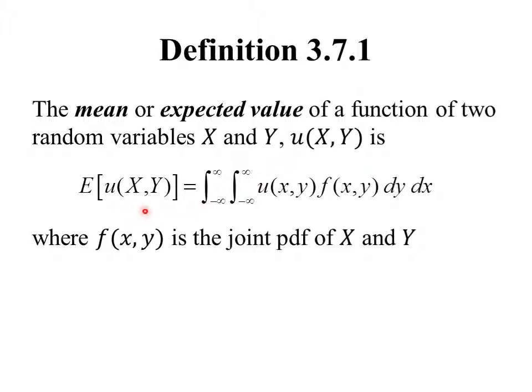So the expected value of that function is, we're going to take the function times the joint PDF, and then we're going to integrate over all possible values of x and y. This definition is very similar to our earlier definition of the expected value of a function of a single random variable, except that now we're dealing with a joint PDF rather than just a marginal PDF.